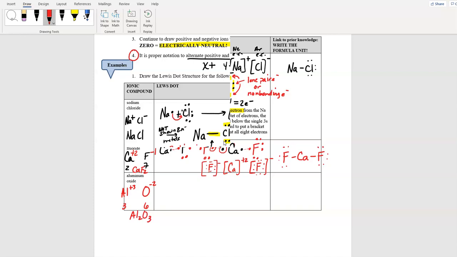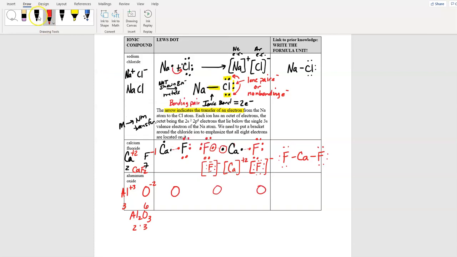So we're going to alternate our symbols. For every 2 aluminum, I need 3 oxygen. So I'm going to be alternating oxygens, and then I'm going to put my aluminums on the inside, because I need 2 for every 3 oxygen. So with aluminum, my 3 valence electrons, and every oxygen has 6.